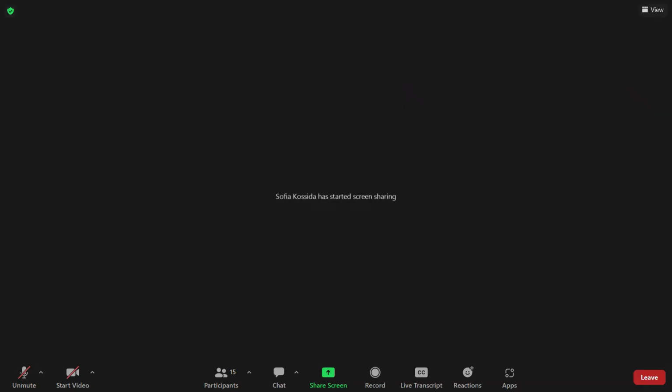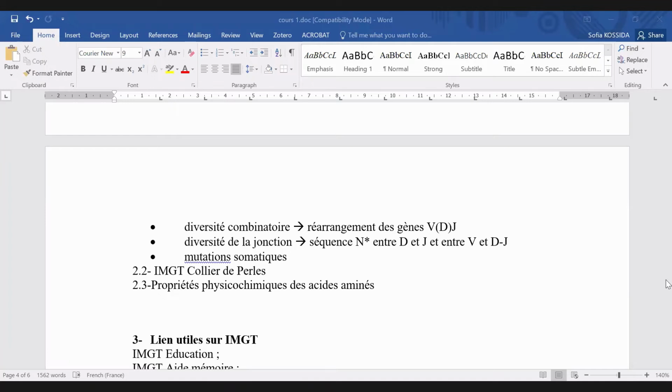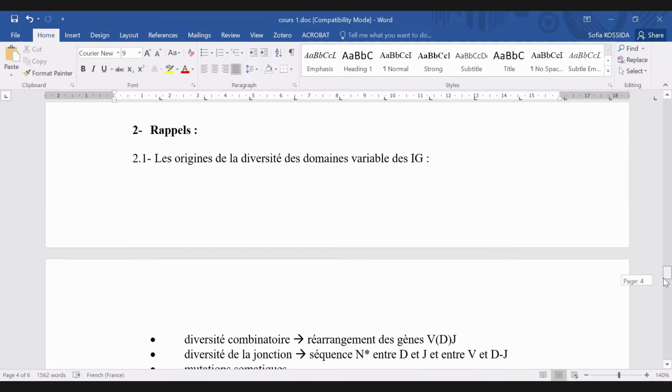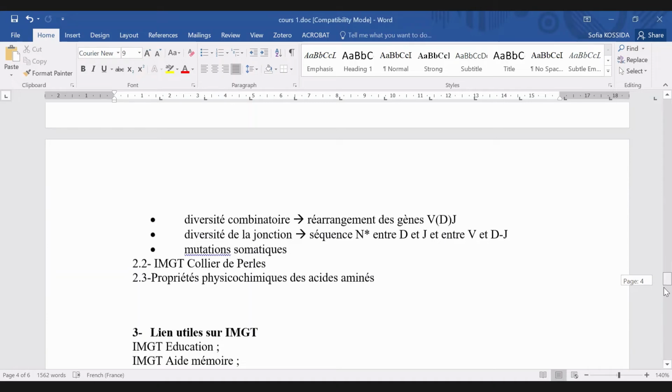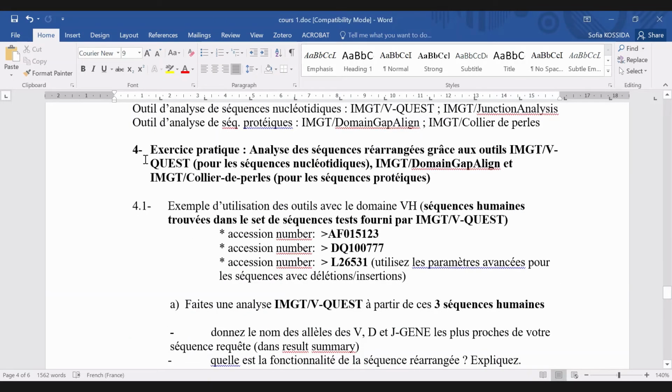From the pedagogical point of view, it would have been nicer if you finished this exercise before I ask you to go to the second part, because the second part in your Word document is this exercise 4 that we're going to see. And these are the rearranged sequences.